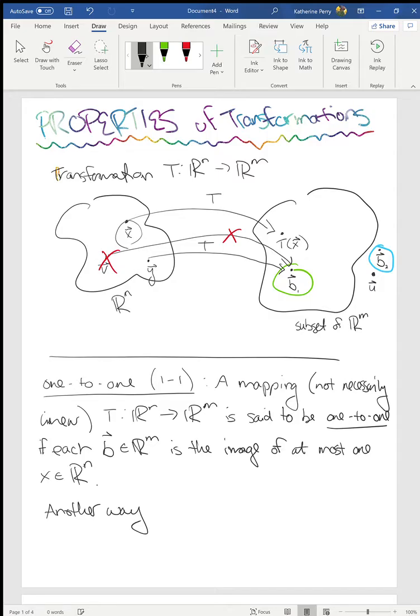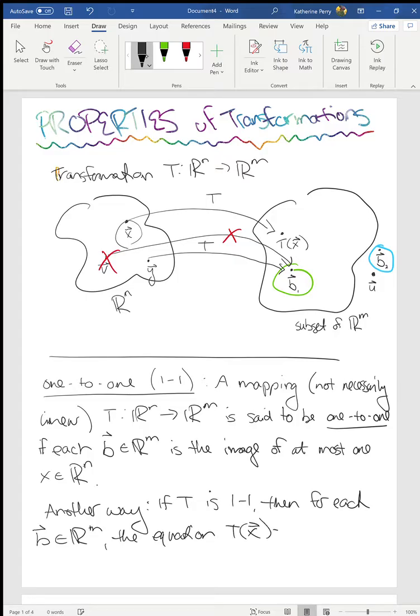Another way. What I can say is that if T is one-to-one, then for each b in Rm, the equation T of x equals b has either one unique solution or no solutions.